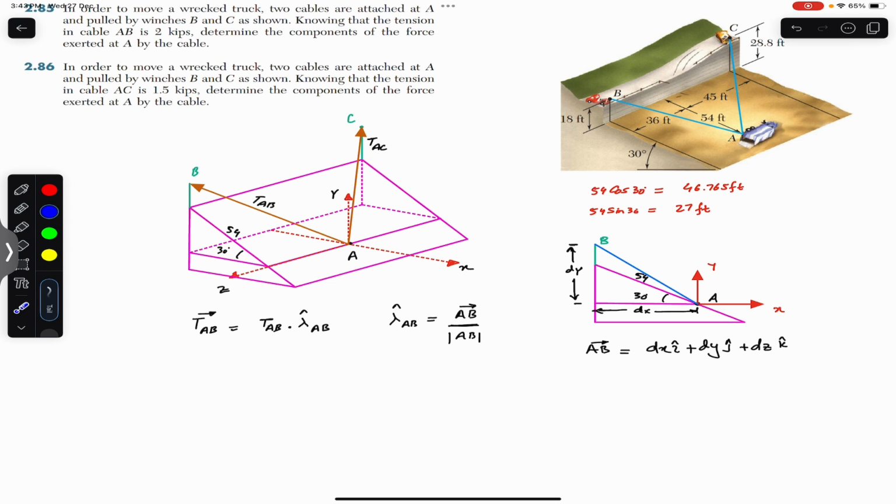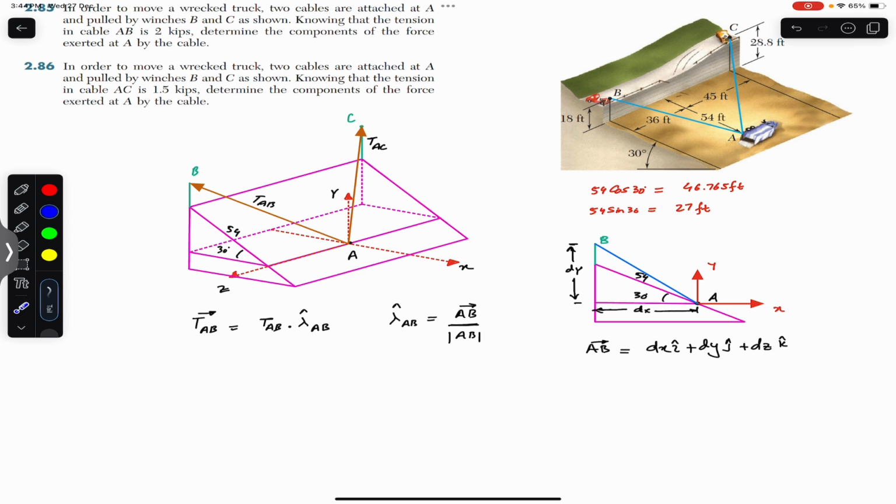And now as we have defined that the positive x-axis is towards the right, the separation between point A and B is dx, which is 46.765 feet. But in order to reach that point B from A, since the tension is from A to B, we need to travel the dx distance in the negative x direction.